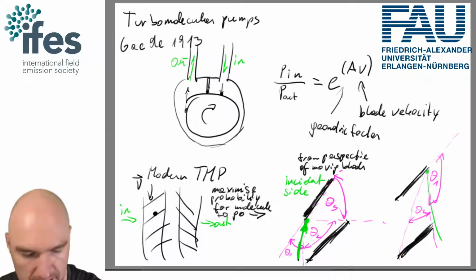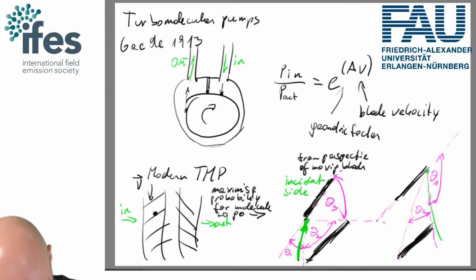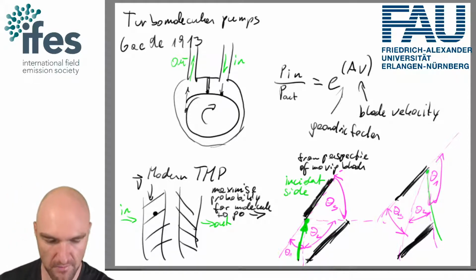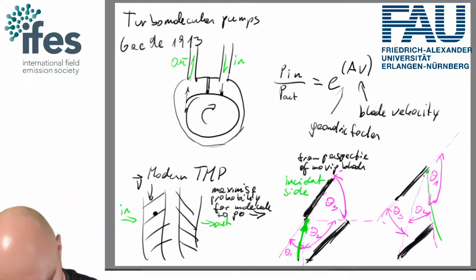Of course, if the blades are a little bit further together, then those angles change, and a phi 3 this way. And essentially, our atom absorbs here, then sits here, and then can leave the blade.